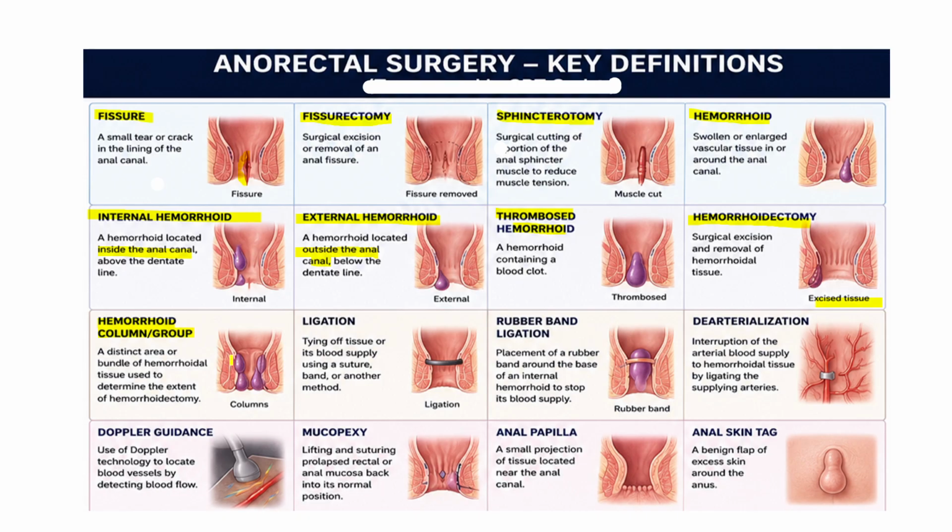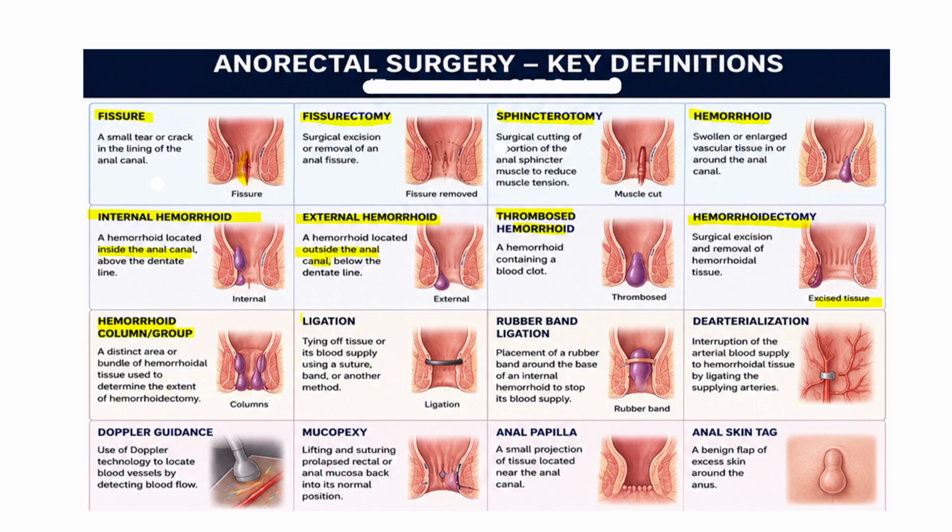A bundle of hemorrhoidal tissue we call a group or a column. It is a distinct area or bundle of hemorrhoidal tissue used to determine the extent of hemorrhoidectomy. In hemorrhoidectomy, the extent is how many columns are present. A bundle of hemorrhoids will form a column or a group.